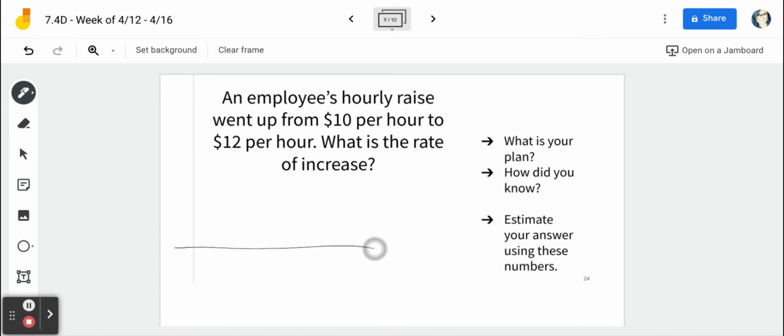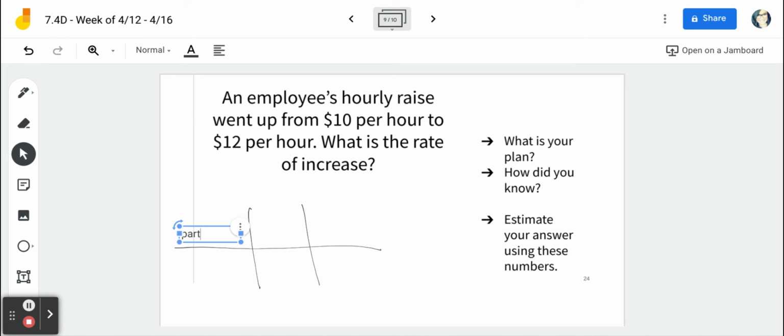Again, my plan is using what I call percent proportions, where we have part, total, and 100%. It looks like my original value was $10. My new value is $12.